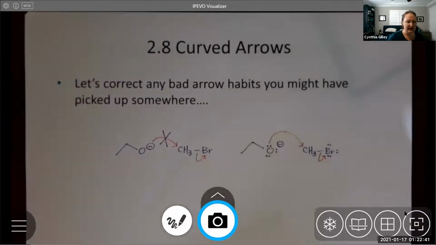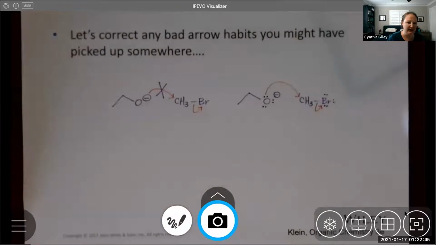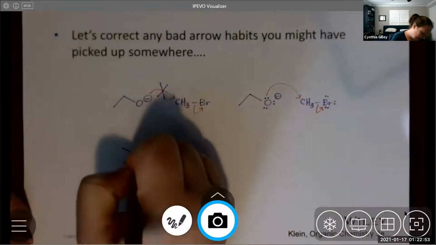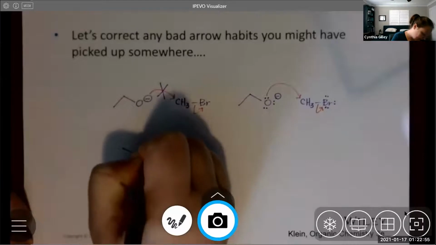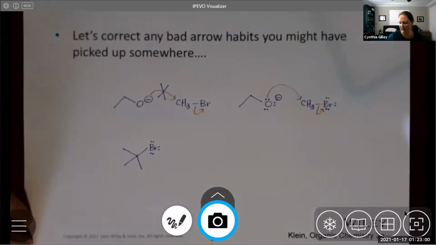Let's look at another example, perhaps, of a bad habit. This one is a little bit less common, but still sometimes I'll see it. Let's, for example, look at a tertiary alkyl halide. It's common to start a mechanism with a tertiary alkyl halide by showing loss of a leaving group first.